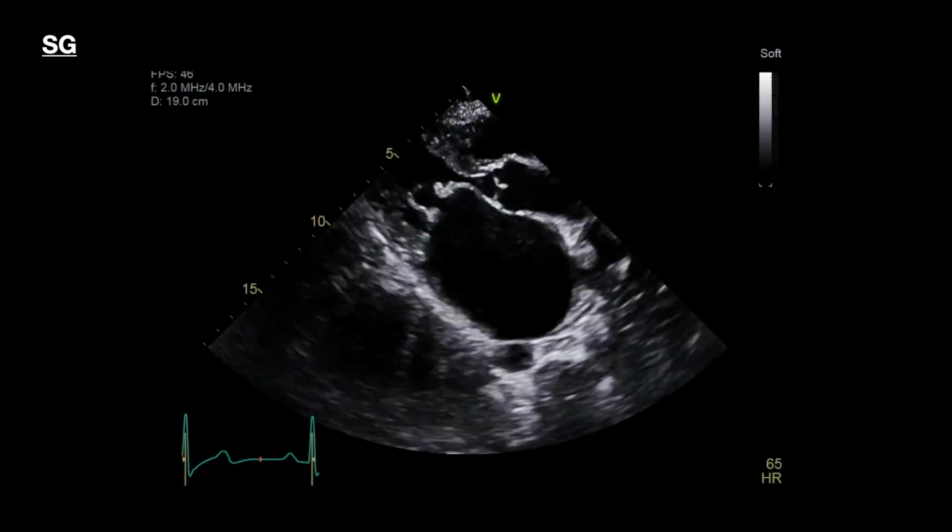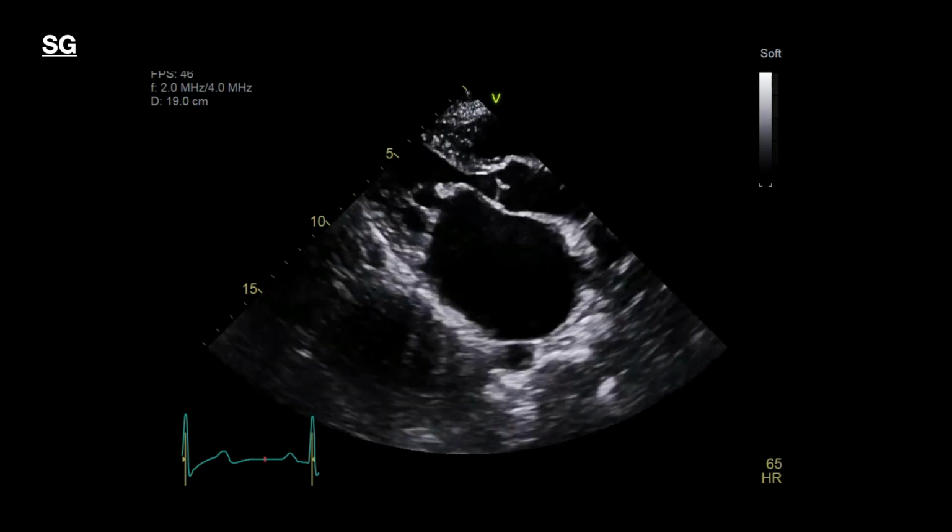All right. So this is another patient who, again, has an abnormal mitral valve. Looks reasonably similar to the last one, actually, doesn't it? So again, we're in the parasternal long axis view, and here we can see a grossly enlarged left atrium. We can see a mitral valve which appears restricted in its mobility.